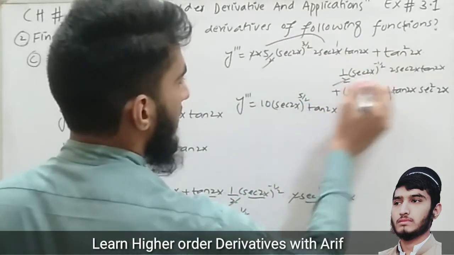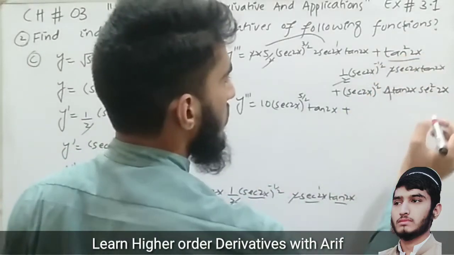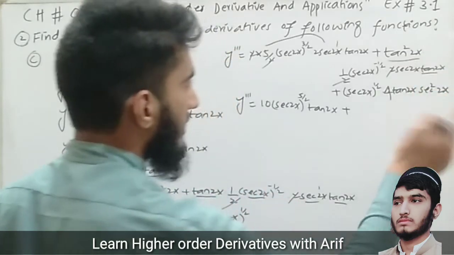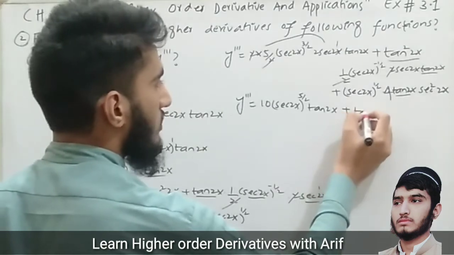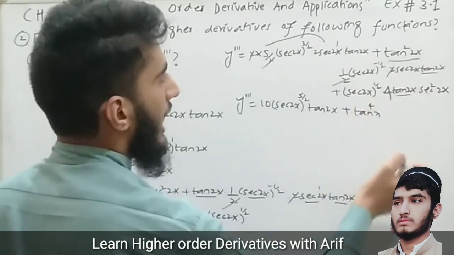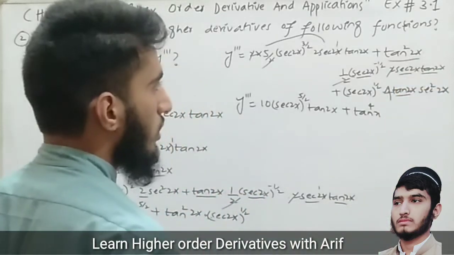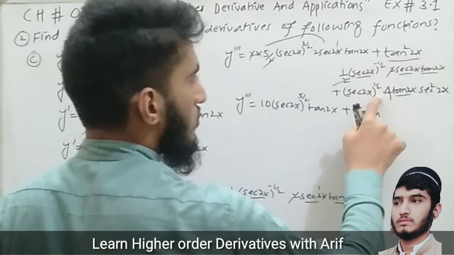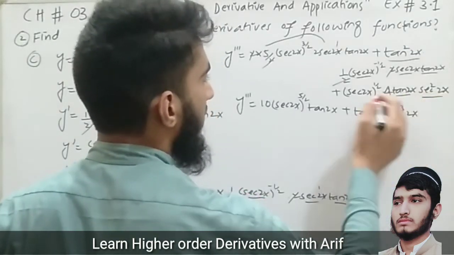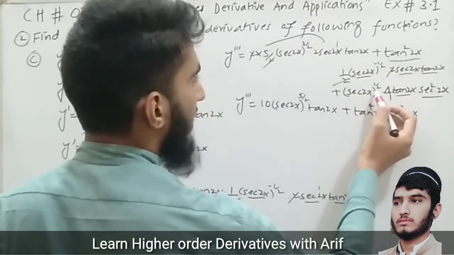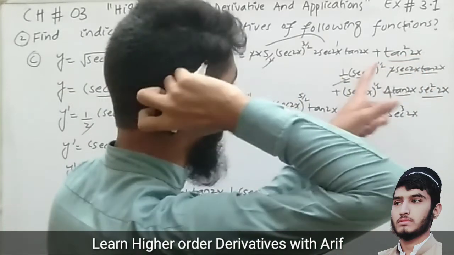Plus, the 2 cancels out with 2, and over here we have tangent square 2x and tangent 2x, which will give us tangent cube 2x. After this, secant 2x power minus 1 over 2 and here 1, so it gives us 1 over 2, and 1 over 2 will give us plus 1, and plus 1 plus 3 gives us secant cube 2x. 2 plus 1 over 2 gives us 5 over 2, 5 over 2 minus 1 over 2, it will give us 2.